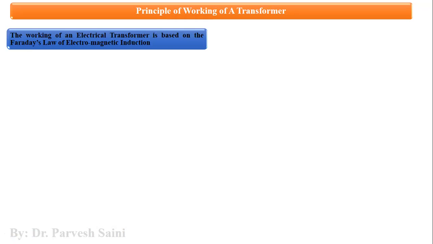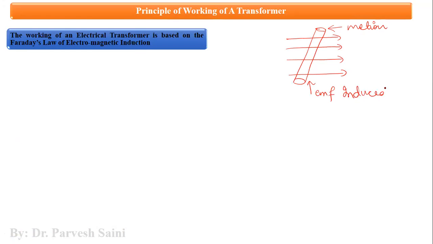Faraday's law states that when you have a magnetic field and a conductor placed in this magnetic field, if the conductor is in motion, then an EMF will be induced on it, and this EMF is given by E is equal to minus d phi by dt, or more specifically E is equal to minus n d phi by dt.